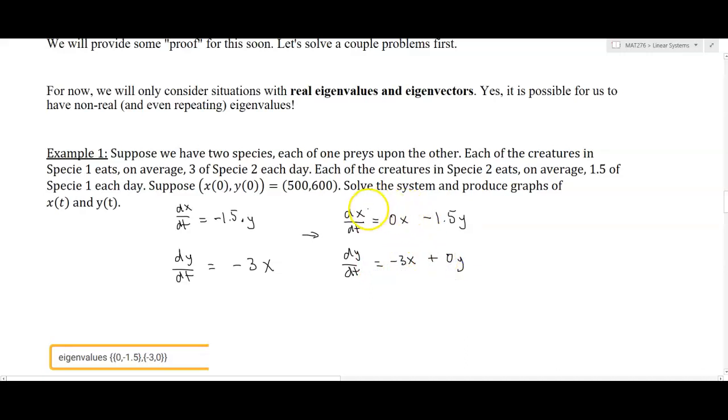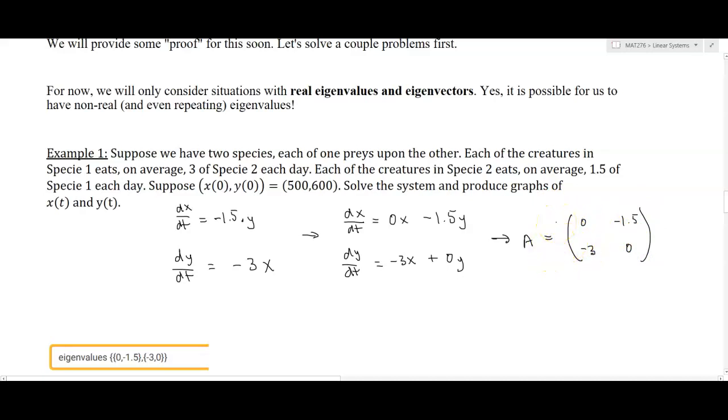Notice that we wrote dx dt, then dy dt. We need the x variable and then the y variable next. And so this implies that our A matrix is going to equal 0, negative 1.5, negative 3, and 0. And so we now need the eigenvalues and eigenvectors of this matrix.